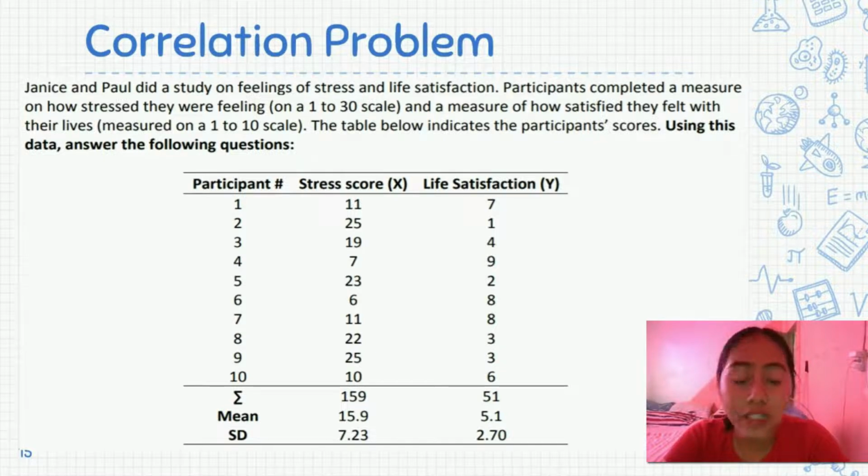And the life satisfaction of the participants, which is the y, will be 7, 1, 4, 9, 2, 8, 8, 3, 3, 6, and the summation of that is 51, and then the mean is 5.1, and our standard deviation is 2.70.